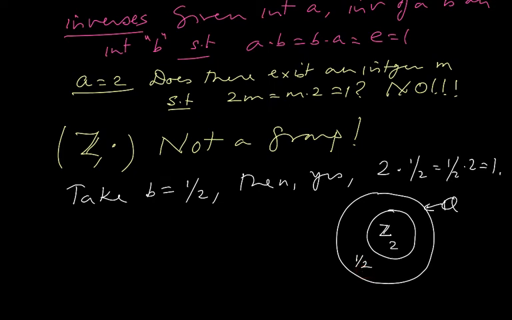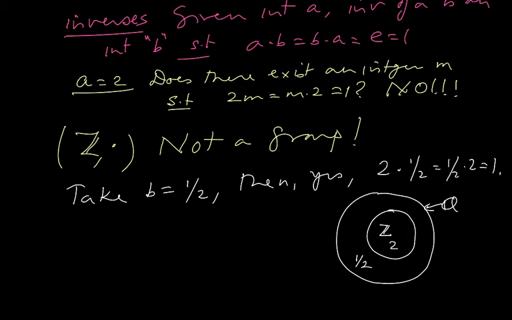What we're really interested in when we're asking if Z, which is just this small portion here, is a group with respect to multiplication, is that all the inverses of elements in Z live inside that circle itself. It's no use pointing to something that lives outside and saying, oh, there's an inverse out there, so therefore the smaller circle must form a group. So that's something you have to keep in mind. We are very restrictive when we ask our question.